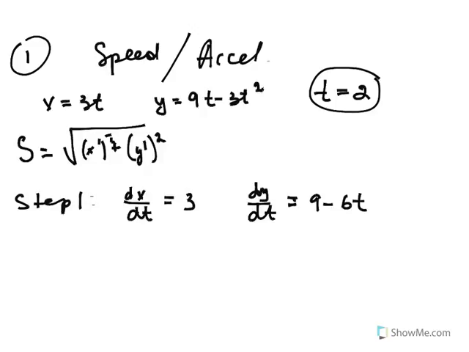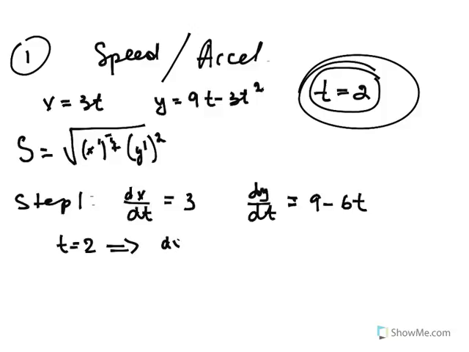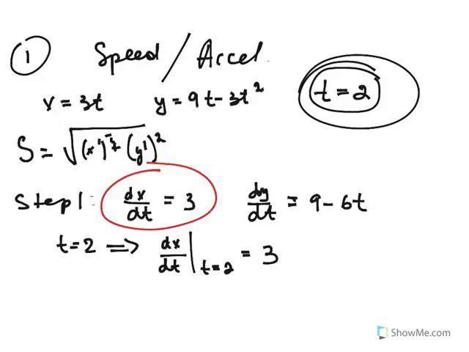Therefore, when t equals 2, that's what they give us right here, dx dt at t equals 2 is still 3. Notice there's no t here, so no matter what your parameter t is, the derivative of x is always 3. dy dt when t is 2 equals 9 minus 6 times 2, and that gives us negative 3, I believe.